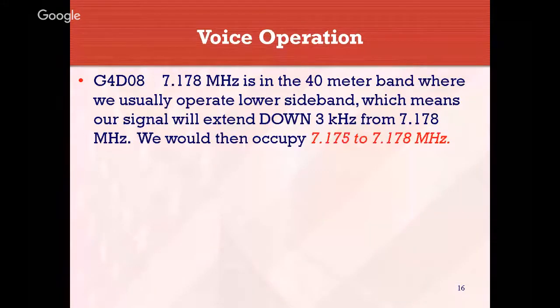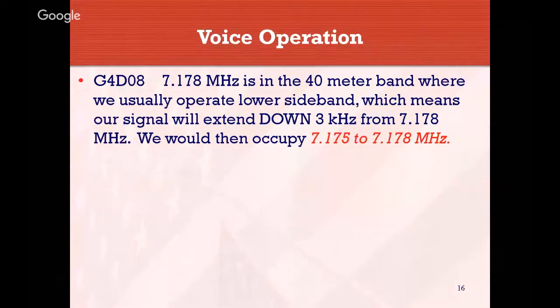Now think about this. On the upper end, which is 7.300, I still don't recommend that you operate at 7.300, knowing that your lower sideband signal is going to be transmitting on the lower end of that, 7.297 I think it is.